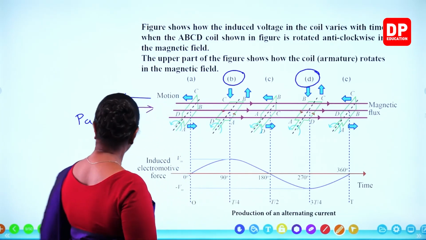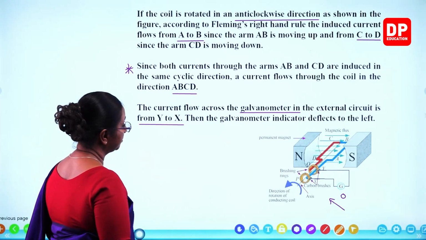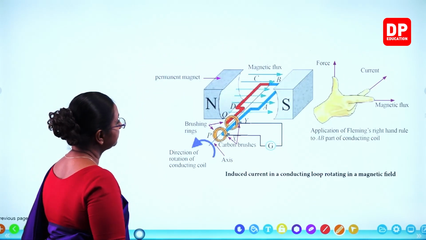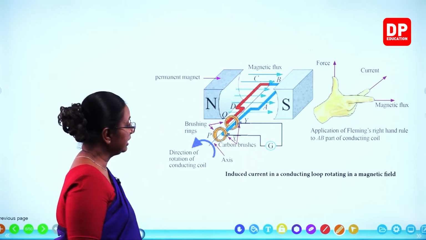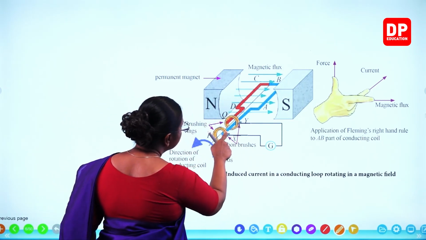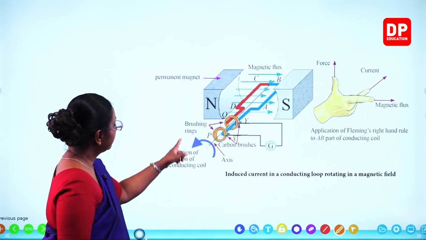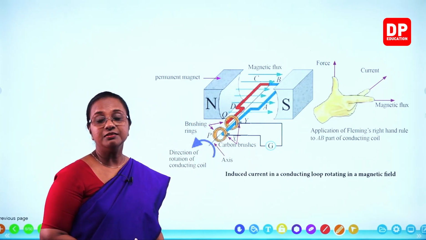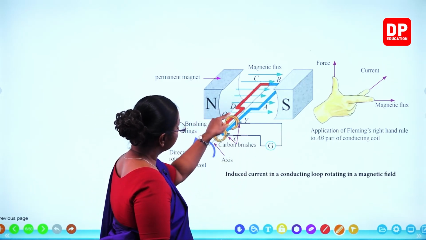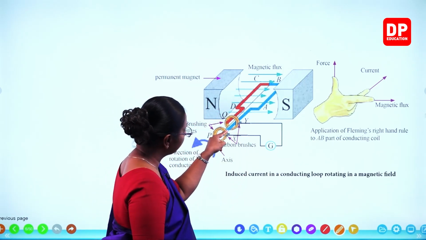So this is actually facilitated by, I'll go to the previous slide where you can see the diagram clearly. This movement is facilitated by these complete rings, which are called the brushing rings. So even when the coil rotates, the ring also is complete.